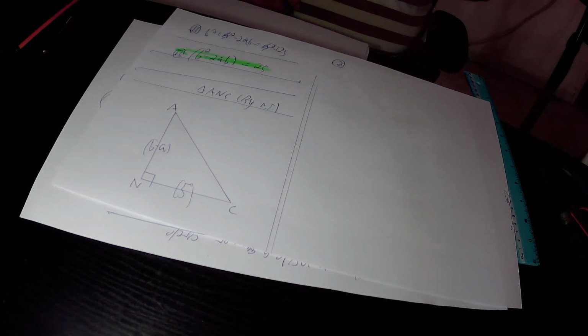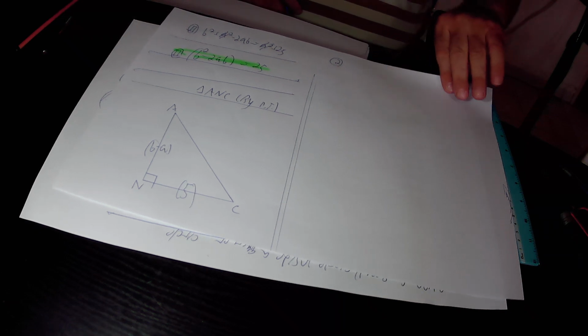In this right triangle A and C, AC squared, that is the square of the hypotenuse, equals AN squared plus NC squared. So I'll write it down. This will be equation 3.